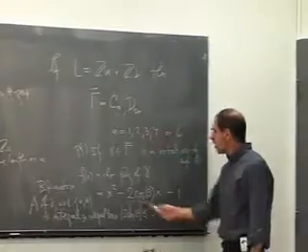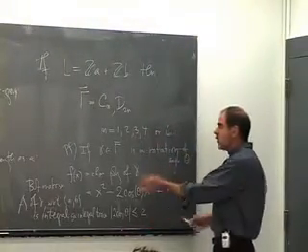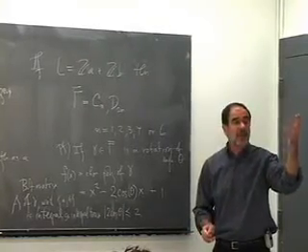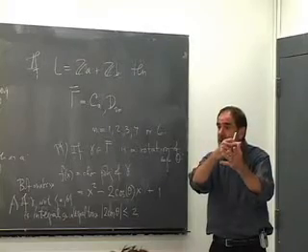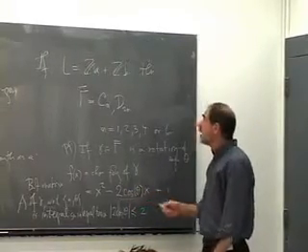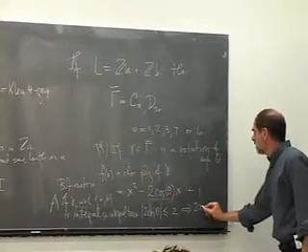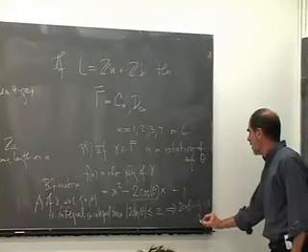So therefore, whatever this angle is, 2 cosine theta is some number between minus 2 and 2, which is an integer. There are only 5 integers between minus 2 and 2. Minus 2, minus 1, 0, 1, and 2. And once I know what 2 cosine theta is, 2 cosine theta is equal to minus 2, minus 1, 0, 1, or 2.